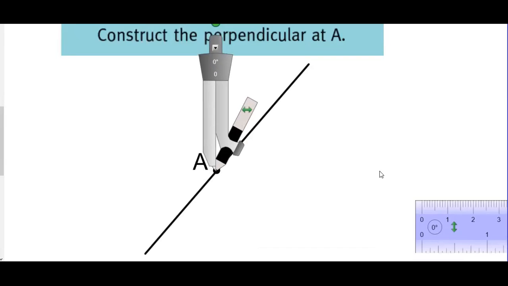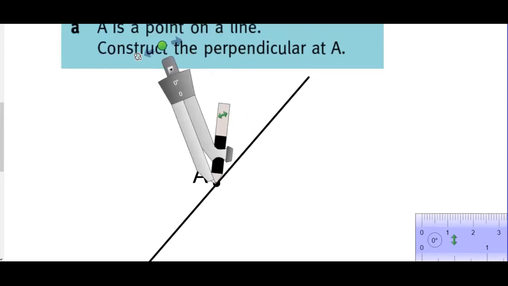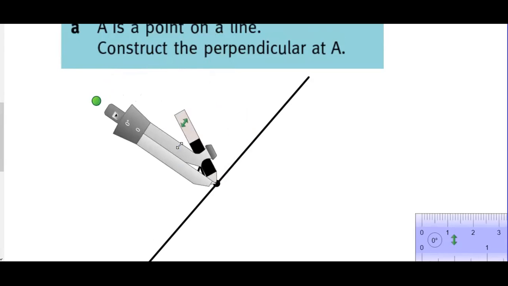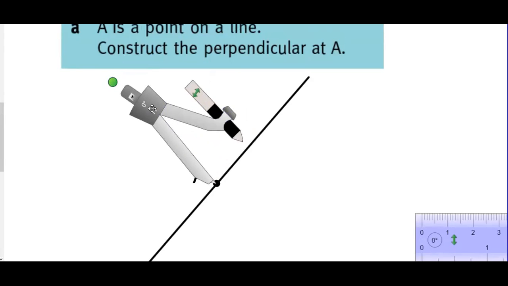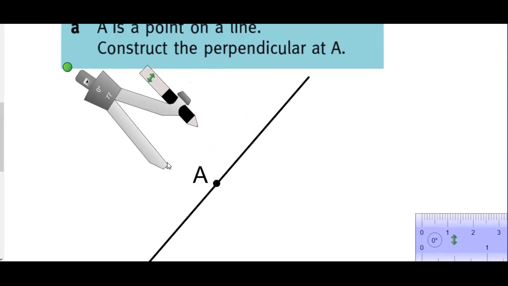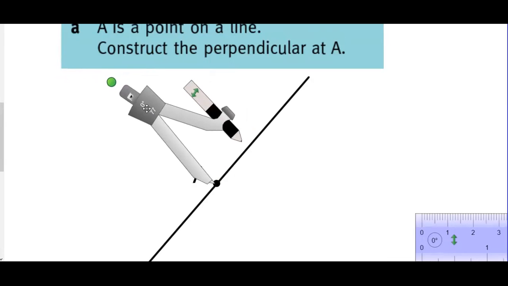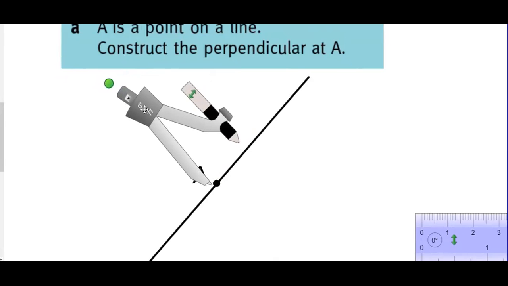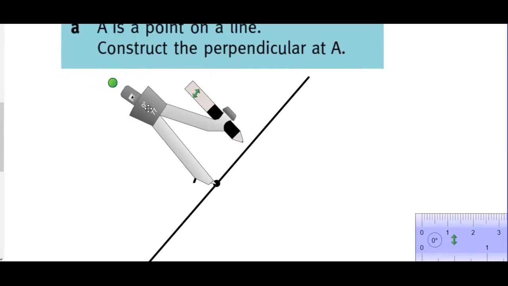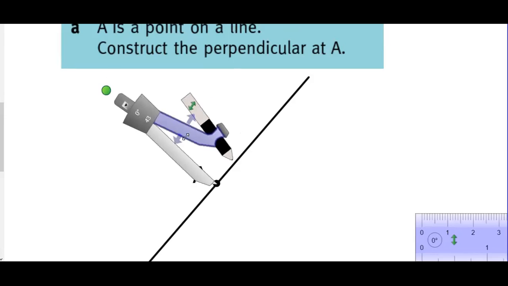Then try to adjust this pair of compass in such a way that the sharp point of the compass should be at the point, because the question is: construct the perpendicular at A. We need to construct another line which will form 90 degrees at point A. So put the sharp point of the compass at this point A, and open the compass to a convenient radius.